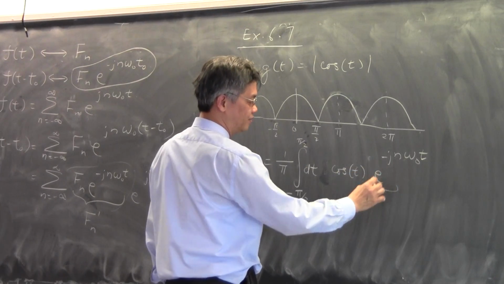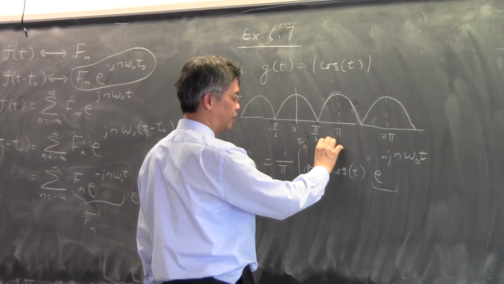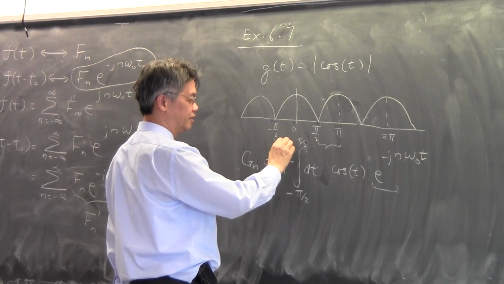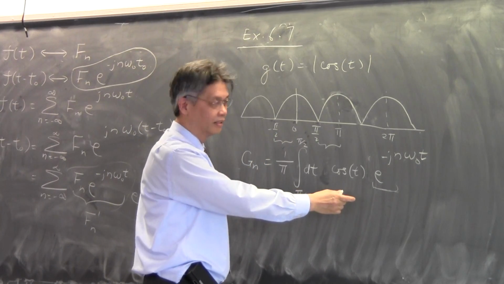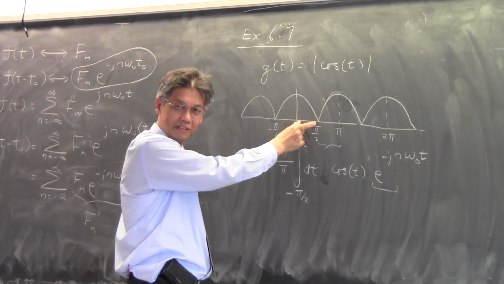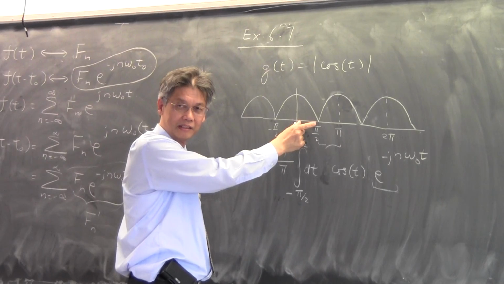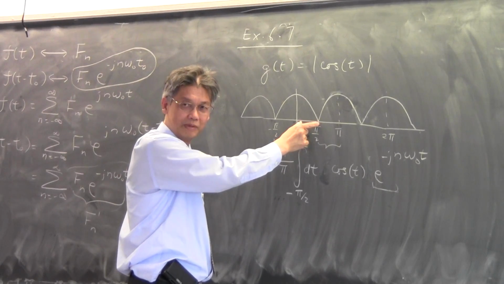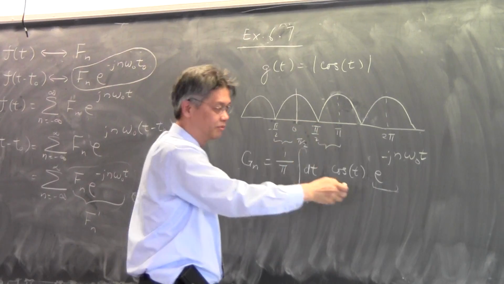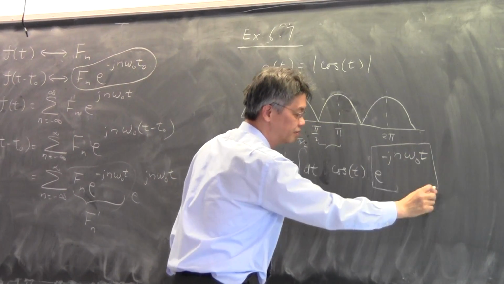But if you do it this way, the phase of this function over this part is exactly the same as the phase of that function over this part. But the phase over this part is not the same as over this part. So I cannot just integrate from here and multiply by 2, because this integration is slightly different because of the phase function.